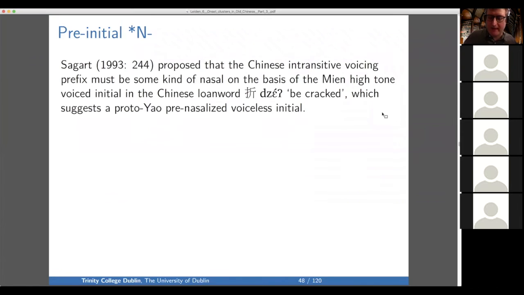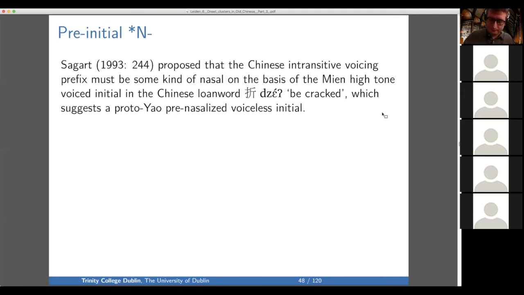He proposes it based on the high tone and voiced initial in the Chinese loanword be cracked. You have to ask the Hmong-Mien people about this, but a high tone voiced initial in Mien suggests a proto-Yao pre-nasalized voiced initial. Let's put it differently.